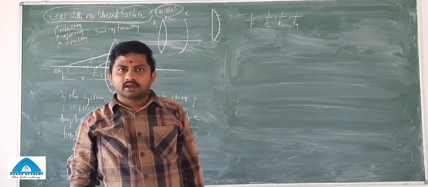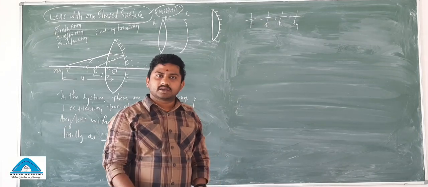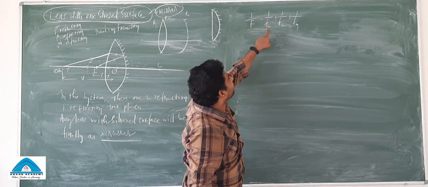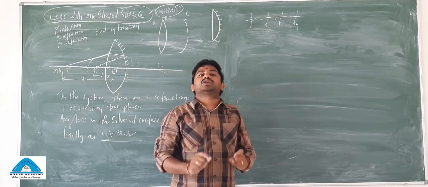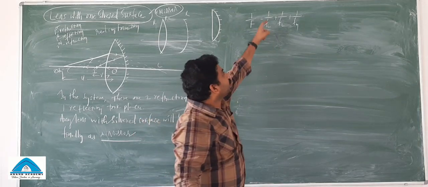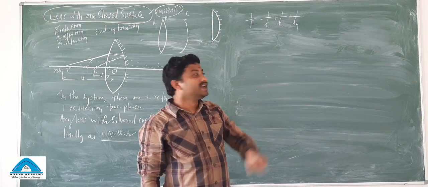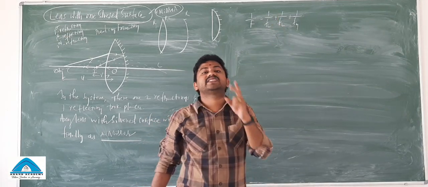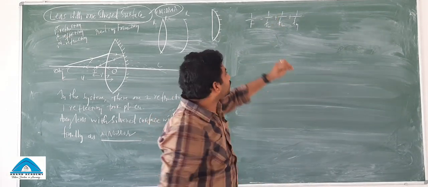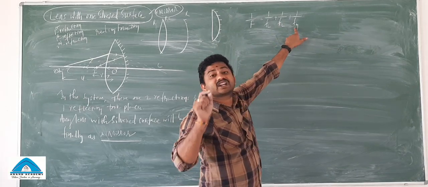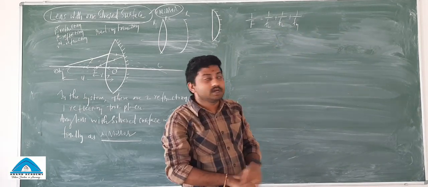Right? It looks interesting. Why have I written 1 by FL plus 1 by FL? Because this 1 by FL is representing the first refraction. This 1 by FL represents the second refraction. So this 1 by FM is reflection from the mirror.